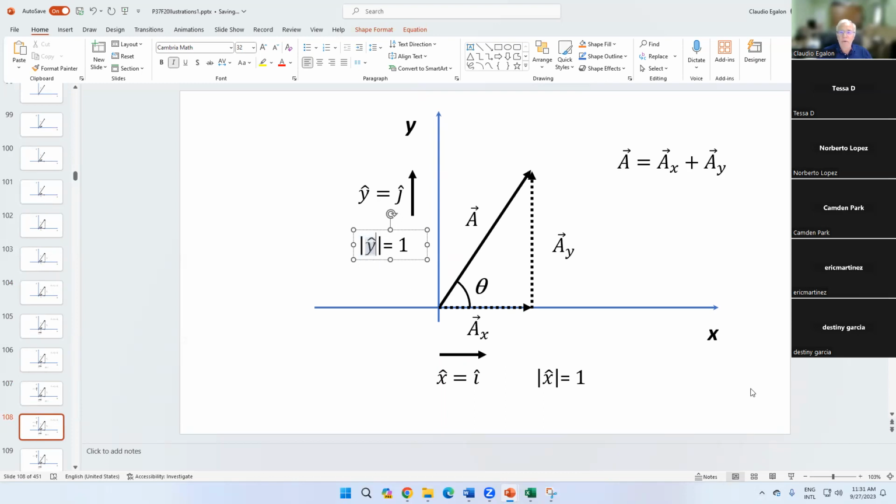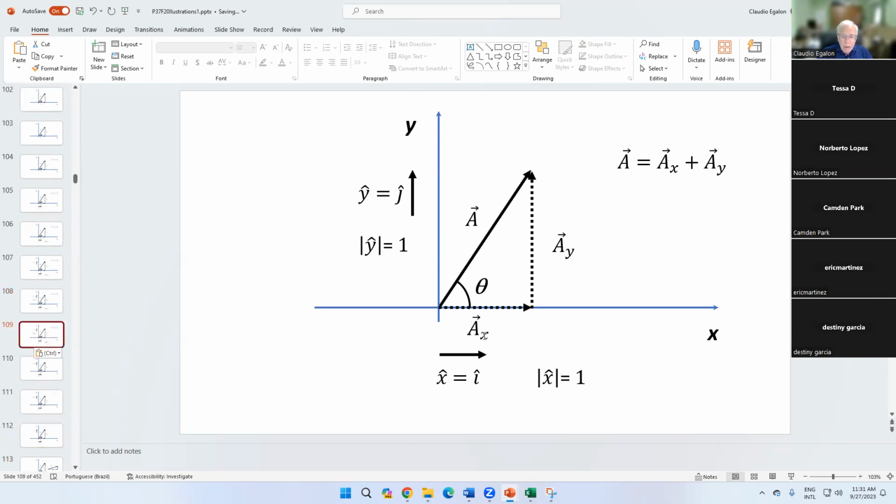Y hat, magnitude 1. There's a reason why we're doing that. Why are we doing that? We're doing that because now we can write each of the components of this vector in terms of this unit vector.